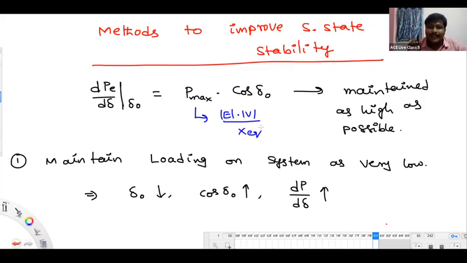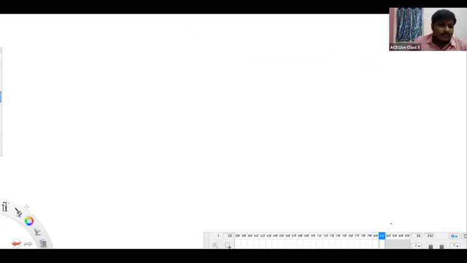That means maintain higher excitation for the synchronous machines, maybe alternator, motor, whatever it is, and operate the system at higher and higher operating voltages. That will make the P maximum value high, the synchronizing power coefficient also high, and system stability will definitely be improved.